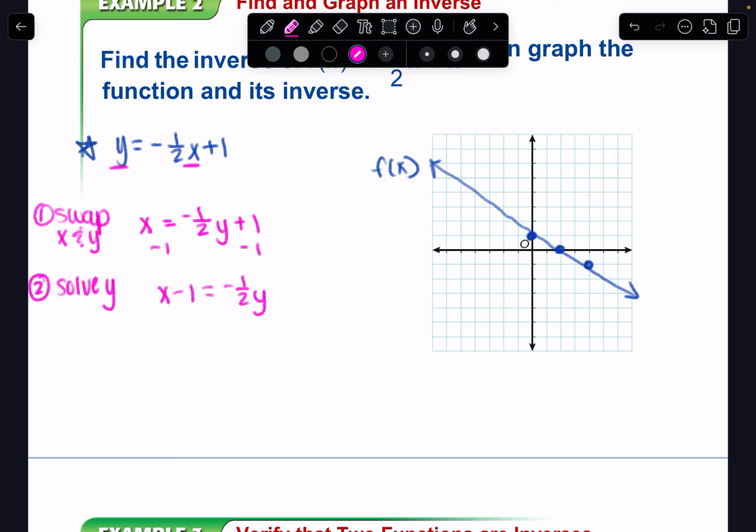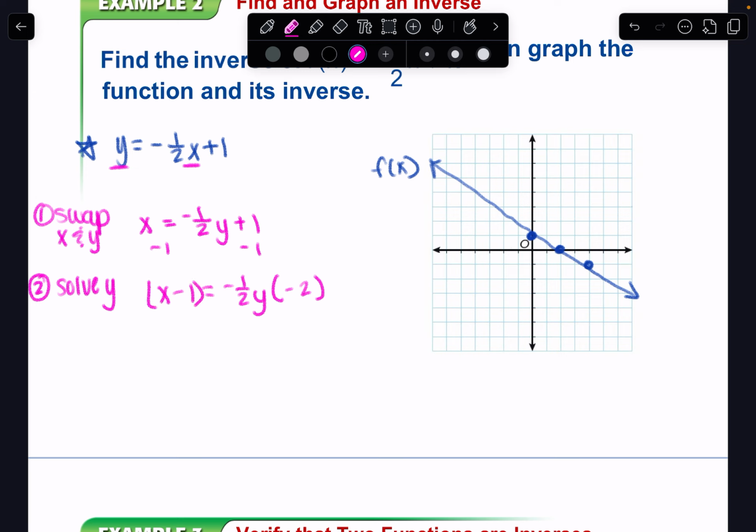Then to get y by itself, if I have multiplication, to move it to the other side, I'm going to divide. However, because it's a fraction, dividing by a fraction is going to turn into multiplying by the reciprocal. So instead of dividing by negative 1/2, I'm going to multiply by negative 2, or negative 2 over 1, however you want to think about it.